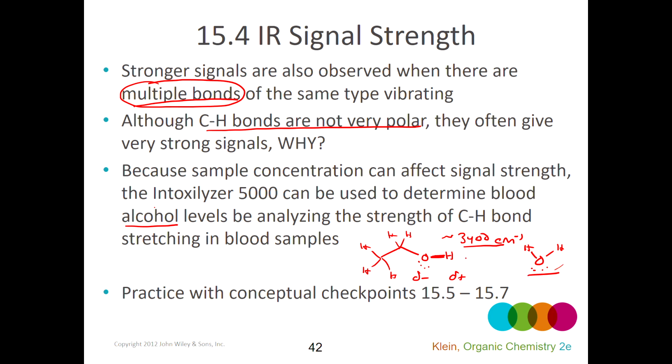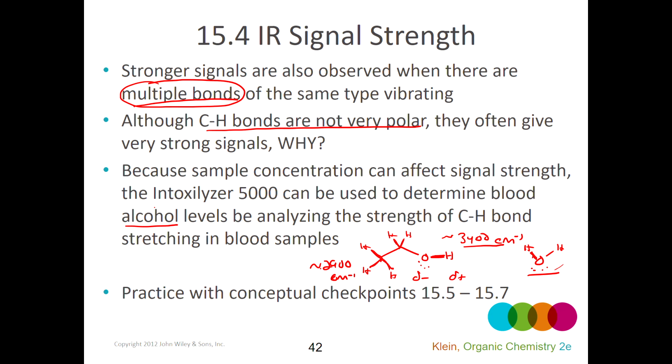Right? Again, IR doesn't really tell you the molecule, it tells you about the type of bonds that are present. So because the ethanol molecule, which is the alcohol that's in alcoholic beverages, has a bunch of CH bonds that all absorb pretty close to 2900, that's where those machines focus on whether or not there's a significant signal around 2900.